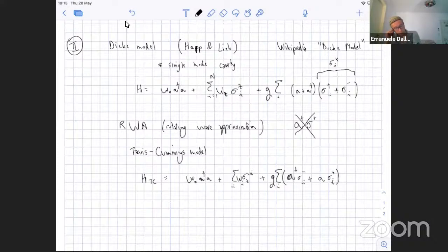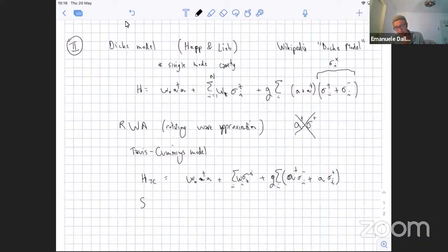In order to analyze this model, what you can do is define a collective spin operator. We usually denote the collective spin operators with a large S. So σ would be a Pauli matrix, and large S is going to be a large spin.